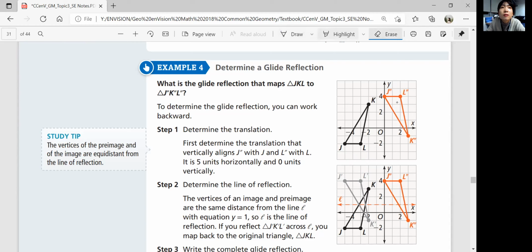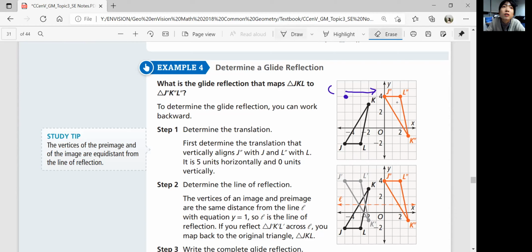So figure out the line of reflection where you could have point J over here so that we can glide over here, right? Just glide to the left, to the right. So find the midpoint between point J that has height of 4.